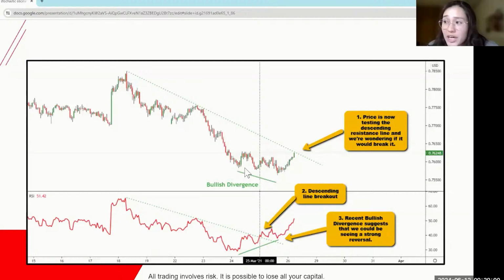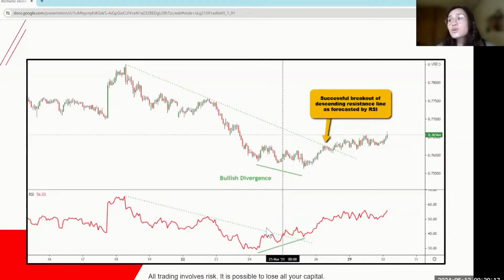So over here, we have price making a lower low and RSI giving us a higher low. So that is a bullish divergence, and it could be a sign that we're seeing a strong reversal. Okay, so you can see after that there is a successful breakout of the descending resistance line as forecasted by our RSI.